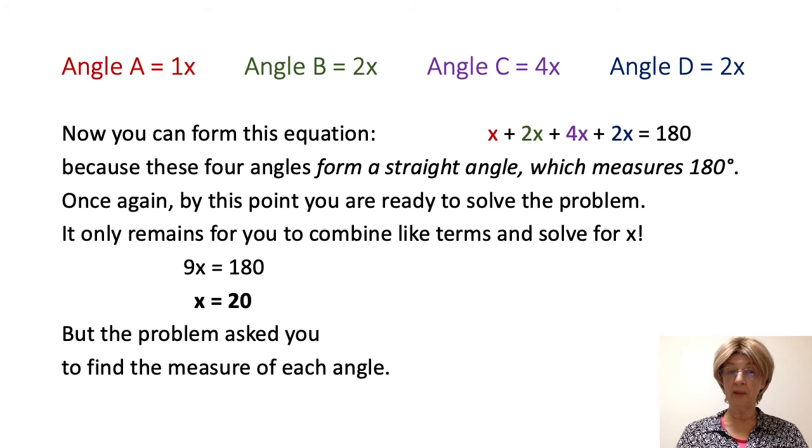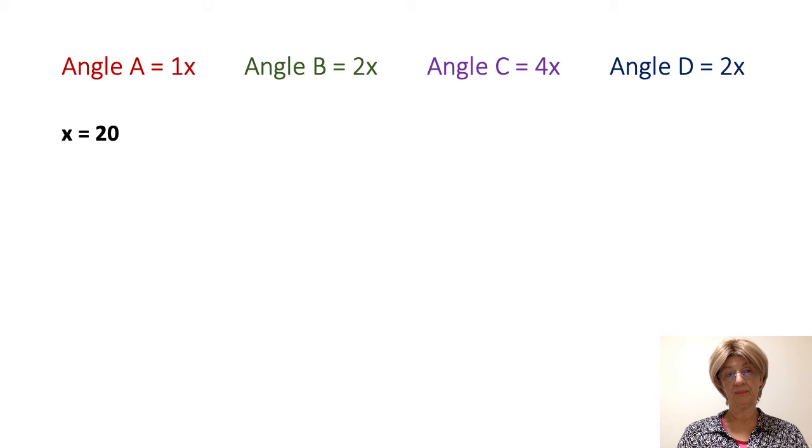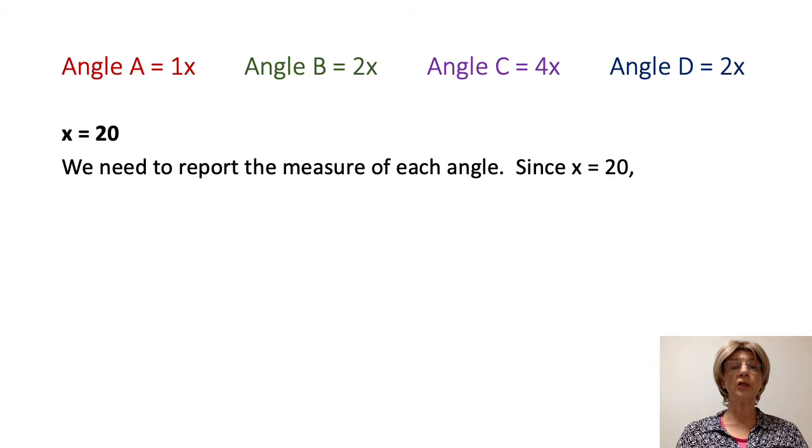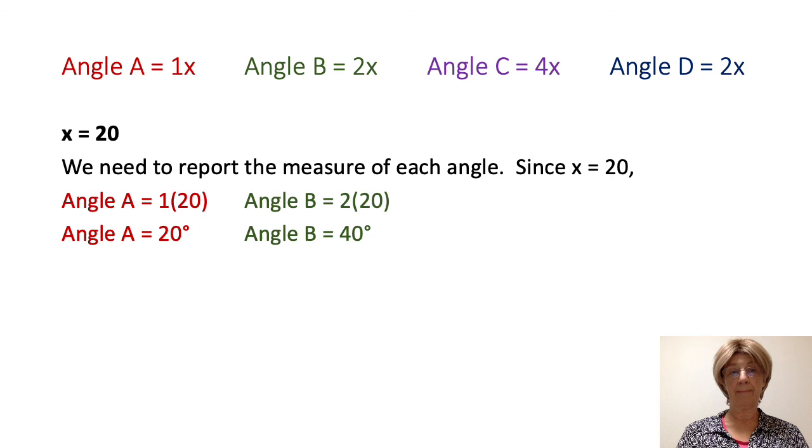But the problem asked you to find the measure of each angle. So now we have our expressions for each angle, and we know the value of x. We need to report the measure of each angle. Since x equals 20, angle A equals 1 times 20, which equals 20 degrees.